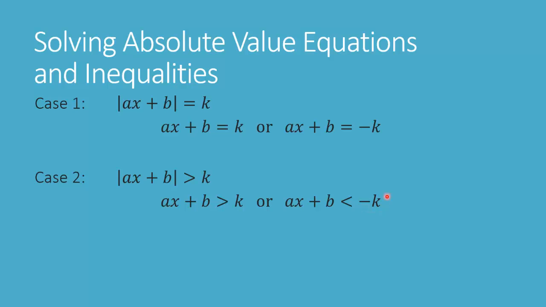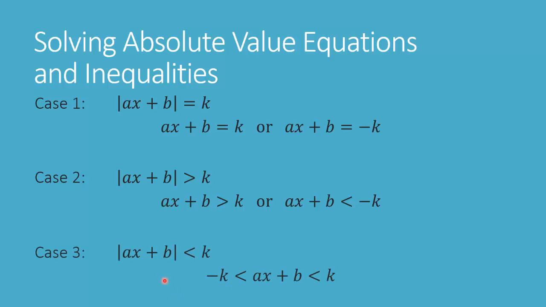Because we're looking at the negative part of it, we want to flip the sign. So we go from a greater than to a less than. And then we know that the answer is this or this. So this is a union problem. You just solve each one independently, and then you just have the union of both cases.